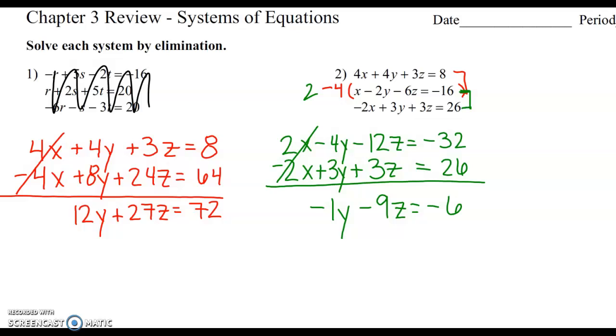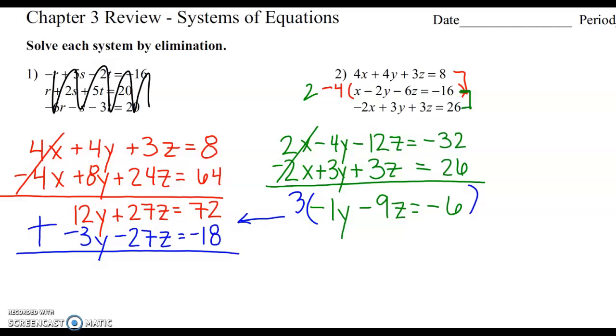All right, so then putting those together, I think I'm going to multiply this green one by 3, put it down here. So now I have negative 3y minus 27z equals negative 18. Add them up. I'm looking at 9y equals 54.